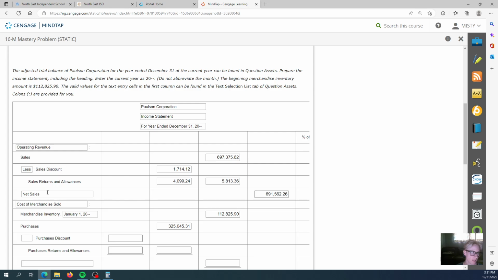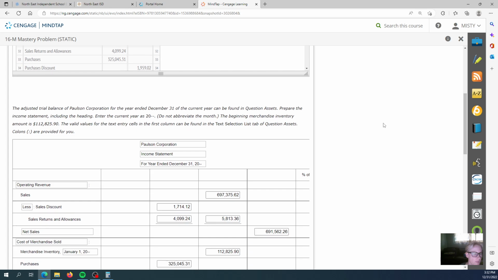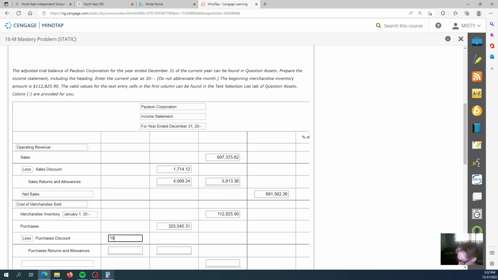So now we have our net sales, we're calculating our cost of goods sold, right? Beginning inventory, everything that we purchased, minus any discount. Our purchases discount, right here, 1959.02.